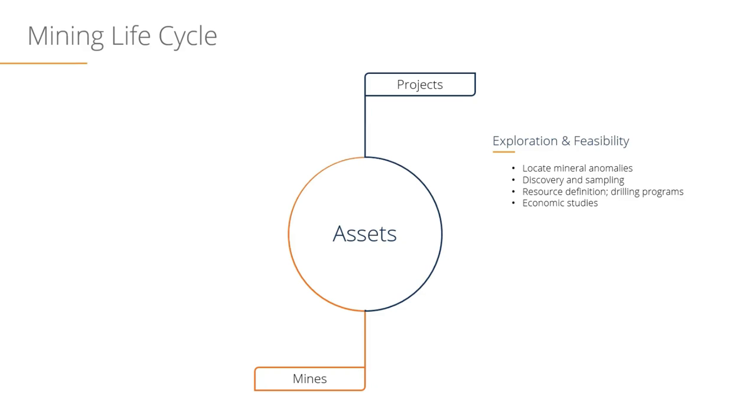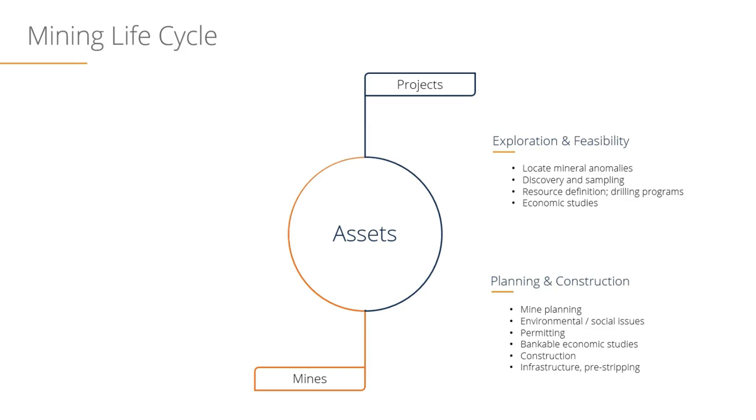Once a potential mine is proven to be viable, the planning and construction phase can begin. During this phase, permitting is applied for and obtained, economic and feasibility studies continue, and detailed mine plans are refined. A major part of this stage also includes infrastructure development, as mines are often located in remote areas that require roads and electricity to be built specifically for the mine.